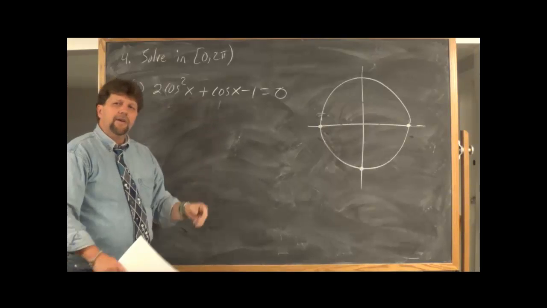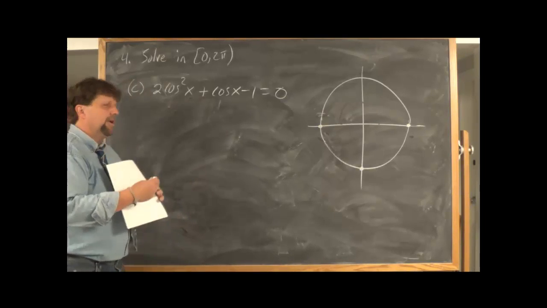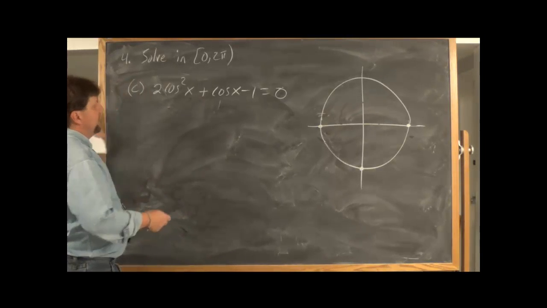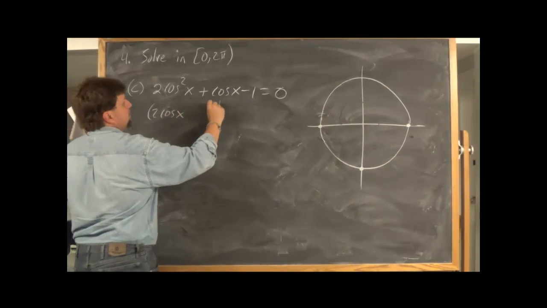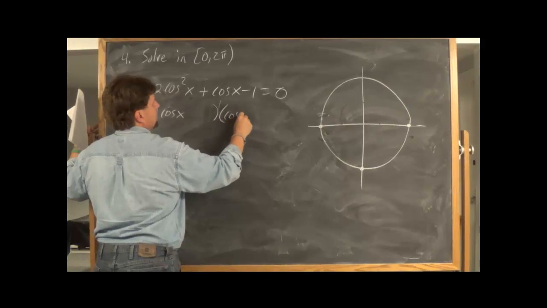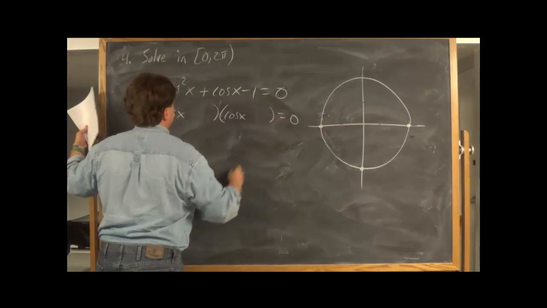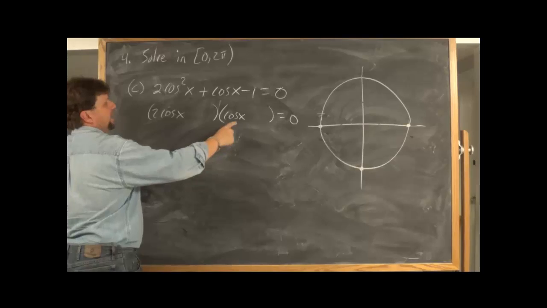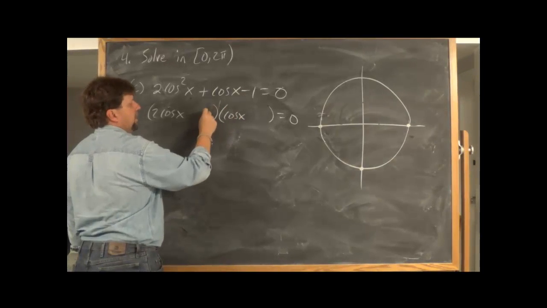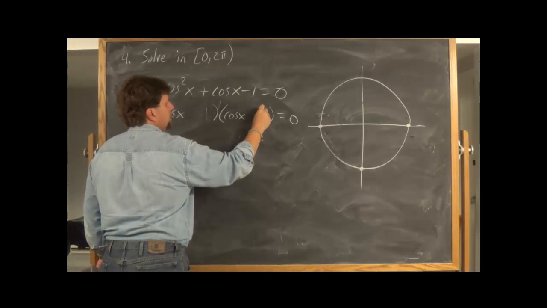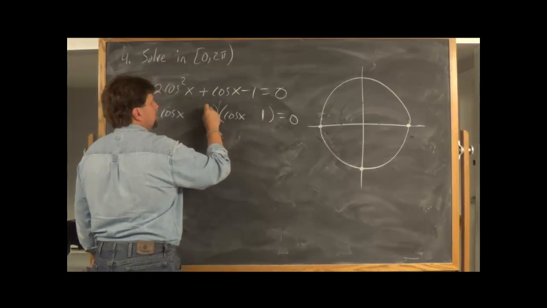Because it kind of looks quadratic, I would probably start off by saying, well, hey, can I factor it? And so I put down my 2 sets of parentheses, and put a 2 cosine x here, cosine x here. Factors of 1, well, just 1 and 1. That's not too difficult.